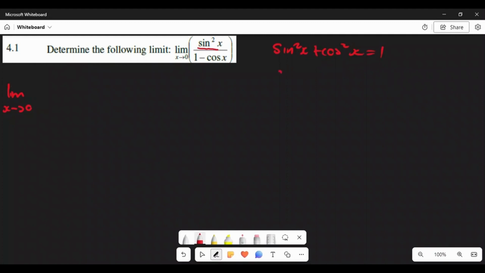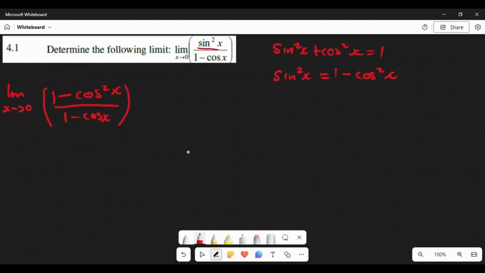So if we make sine squared x the subject of the formula, we're going to have 1 minus cos squared x. So we can substitute wherever there is sine squared x with 1 minus cos squared x, and then we divide by our 1 minus cos x.